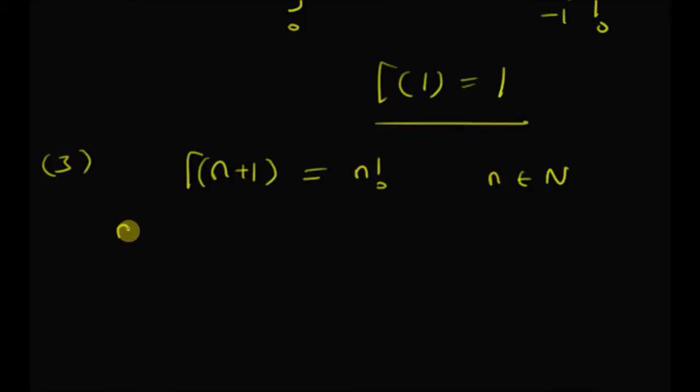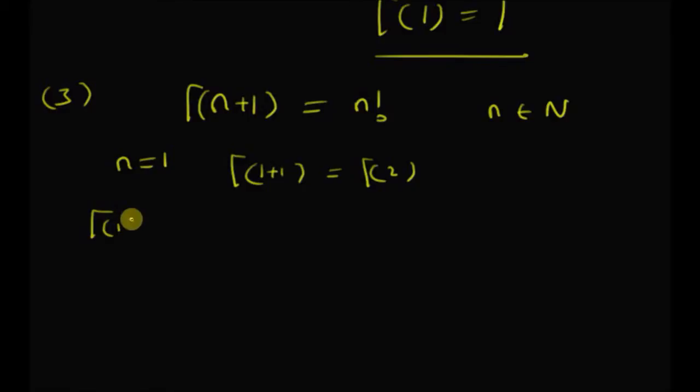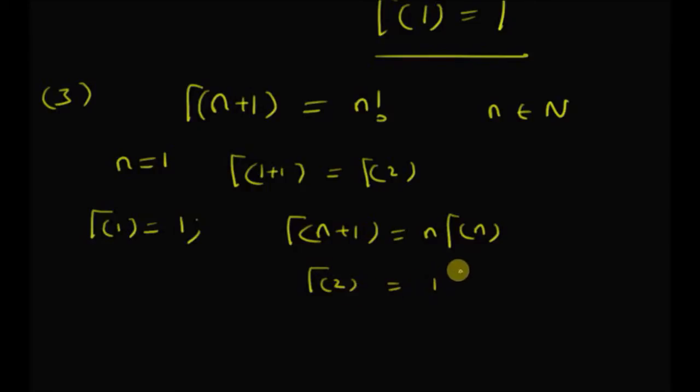So for n equal to 1, gamma of 1 plus 1, which is gamma of 2, and we know that gamma of 1 is equal to 1. By using the property gamma of n plus 1 is equal to n times gamma of n, we have gamma of 2 is equal to 1 into gamma of 1, which is again equal to 1.